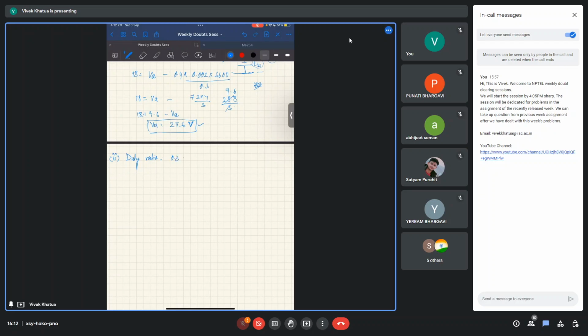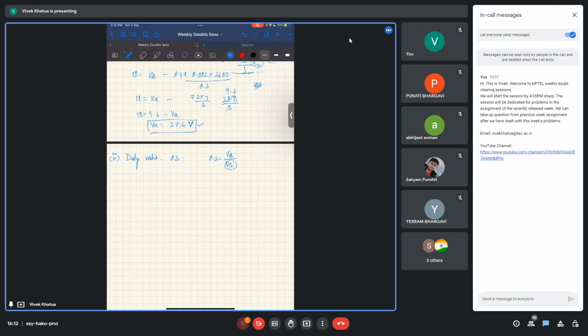This is the normal duty ratio, not in terms of the H bridge, so let me not confuse. Duty ratio is 0.3 here, which is nothing but VA by V input.